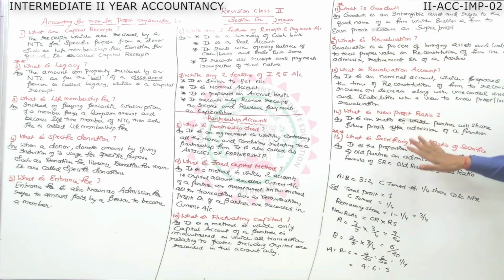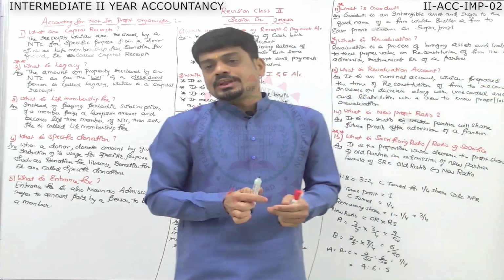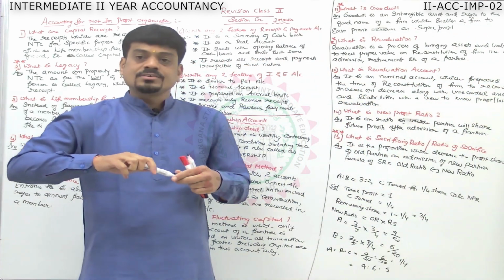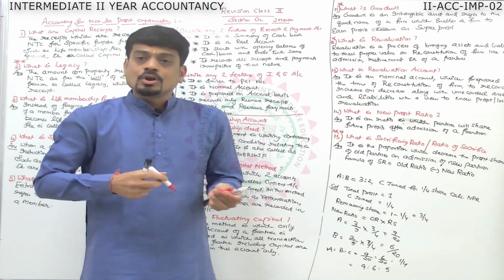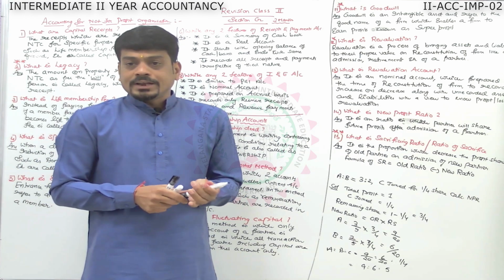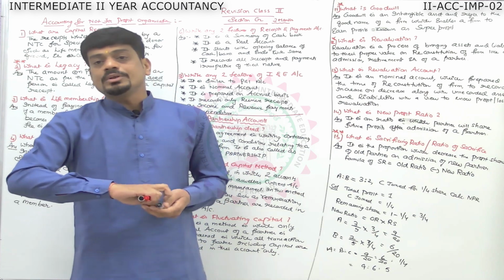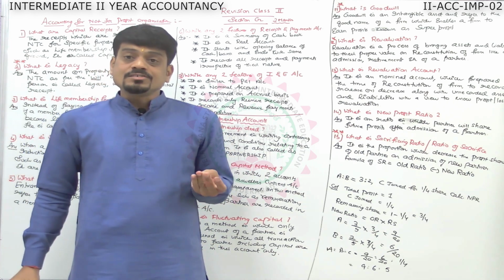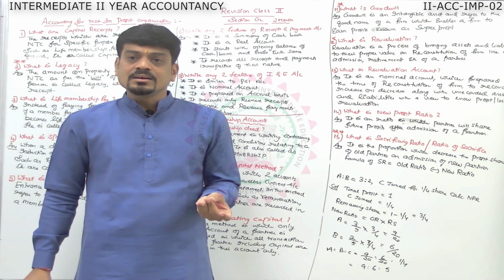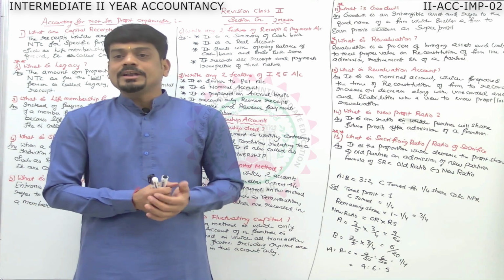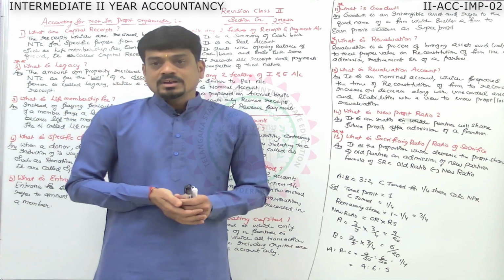So like that, here I have covered all the important questions. When it comes to computerized accounting, dear, you can read from your textbook, from the glossary, the important questions from computerized accounting. What is Sage? What is spreadsheet? What is Marg? These are the most important questions from computerized accounting.